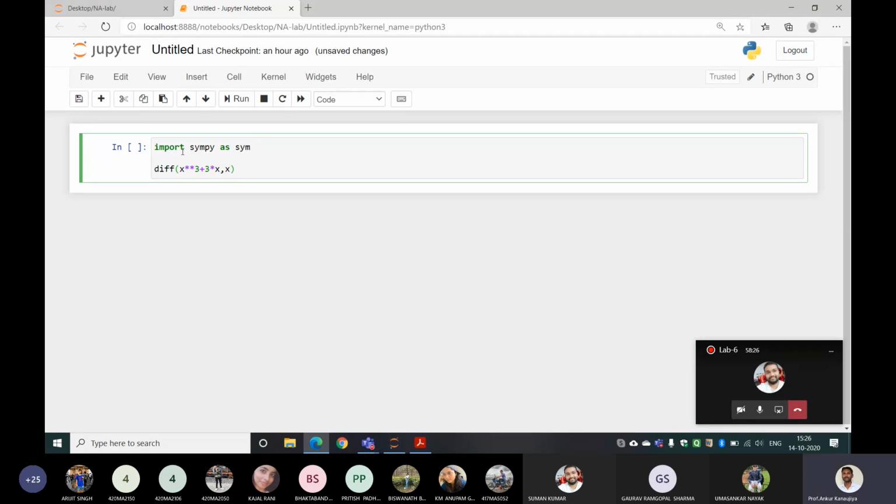So this will give the differentiation. Then what is the use of this SymPy library? This differentiation is defined in the SymPy library, so you have to write sym dot diff. Just run it and see what output you are getting. Are you getting the correct differentiation or not? If you run, you will get some error. Just check what error you are getting.